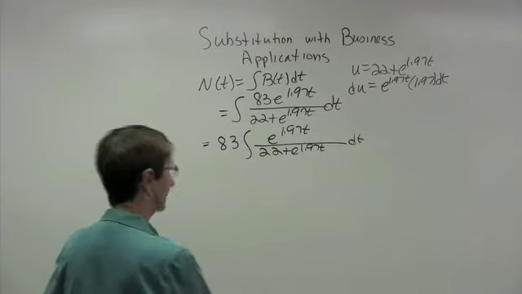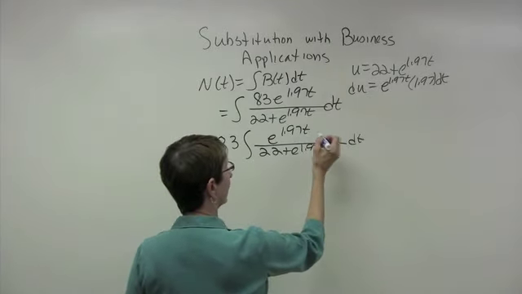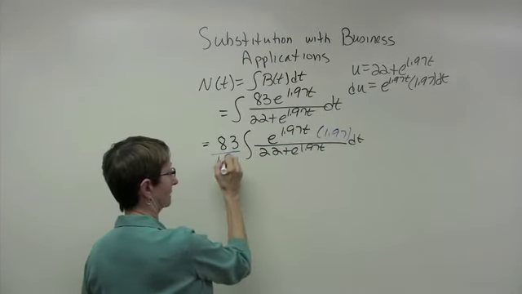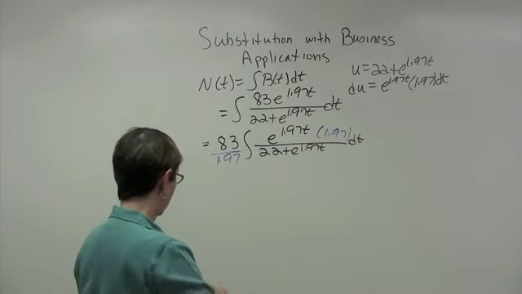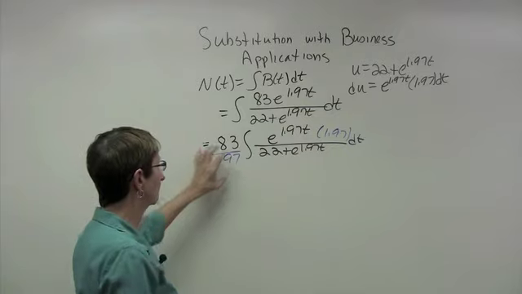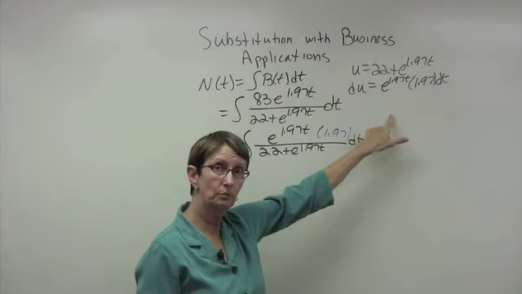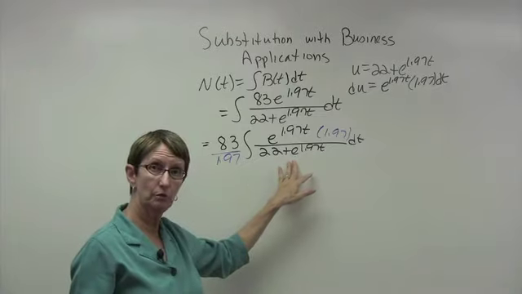And I have to put in my 1.97 and I have to take out 1.97. So it's pretty clear. All of this on top is du, and in the denominator is u.